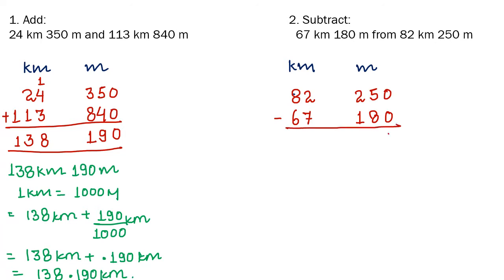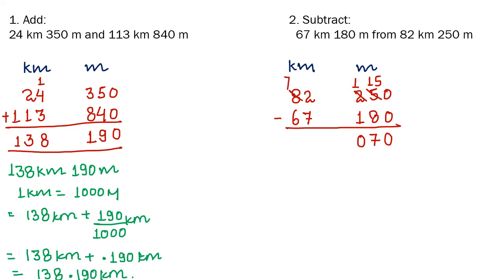0 minus 0, 0. Here we have 5, so we cannot subtract 8 from 5. Borrow from this 2. 1 will be left here and it will be 15. So 15 minus 8, 7. 1 minus 1, 0. 2 minus 7, we need to borrow from 8.